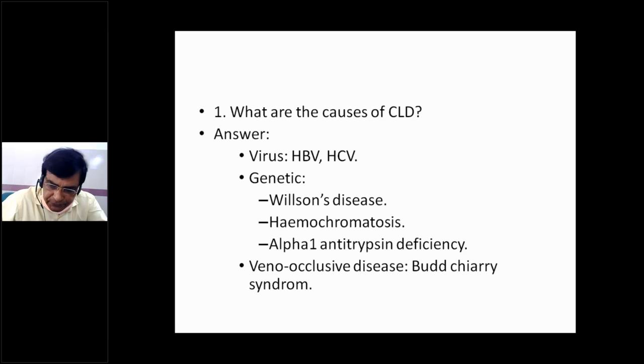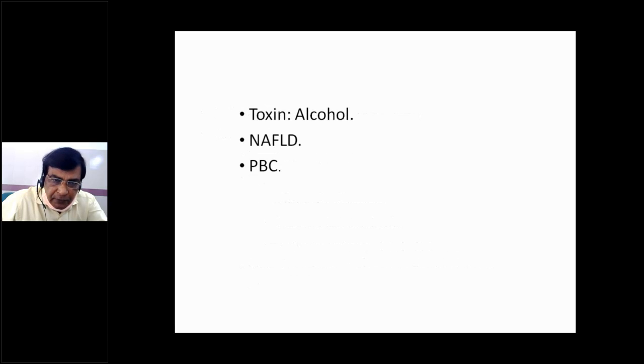And toxin or alcohol. Another disease, non-alcoholic fatty liver disease, also causes cirrhosis of liver. Primary biliary cirrhosis, PBC, can also cause cirrhosis of liver. So these are the causes of CLD or cirrhosis of liver.